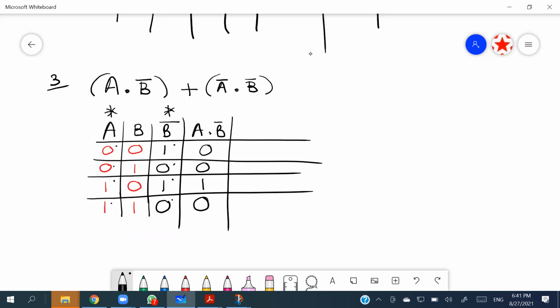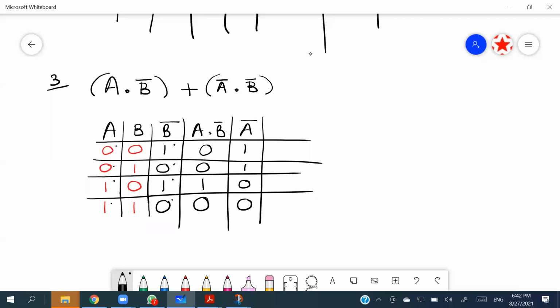Right? And so one bracket is done. The other bracket has A bar dot B bar. We have already created B bar over here, so we don't need to go for a B bar again. We can create an A bar just by looking at the A column. So A bar is going to be 1, 1, 0, 0.